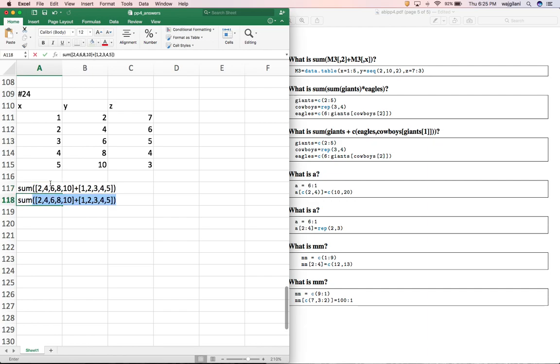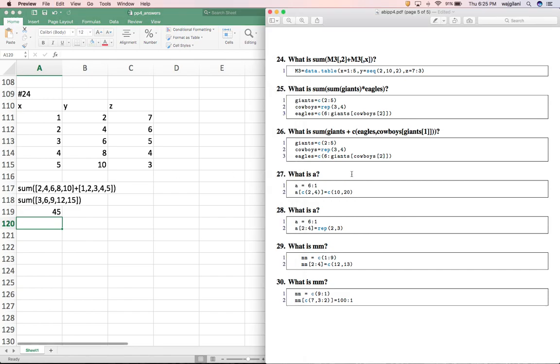So this simplifies into the vector. 2 plus 1 is 3. Remember, vector plus a vector, position by position. 2 plus 1 is 3. 4 plus 2 is 6. 6 plus 3 is 9. 8 plus 4 is 12. 10 plus 5 is 15. All right. And then the summation of these numbers pretty much gives you 3 plus 6 plus 9 plus 12 plus 15, 45.